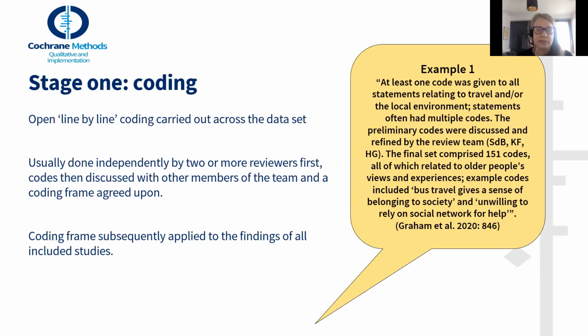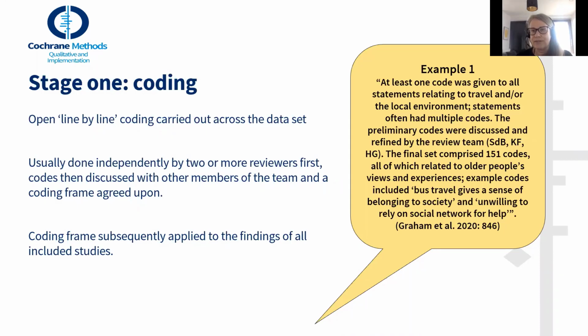And then the coding frame was subsequently applied to the findings of all the included studies. So you'll see here how Graham expressed that. So they talk about giving 1 code to each statement relating to travel or the local environment, which was the topic of their review. And they highlight that each statement often had multiple codes.